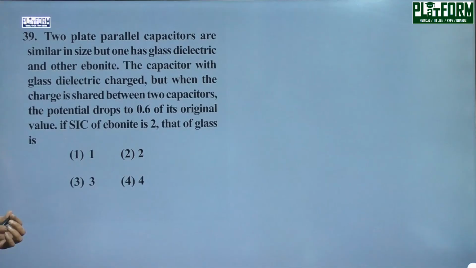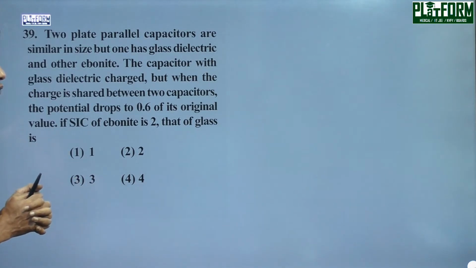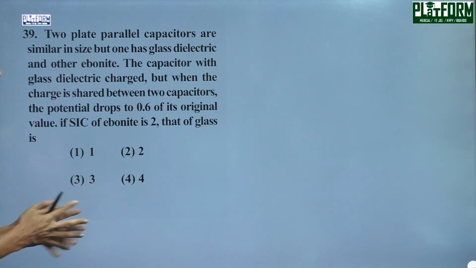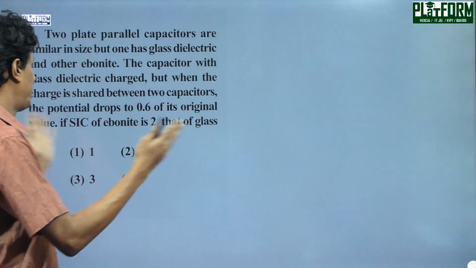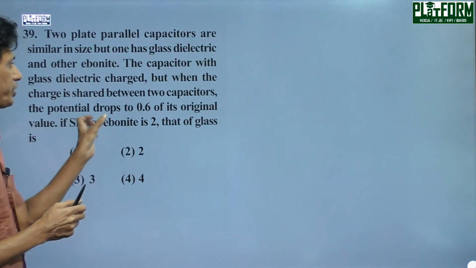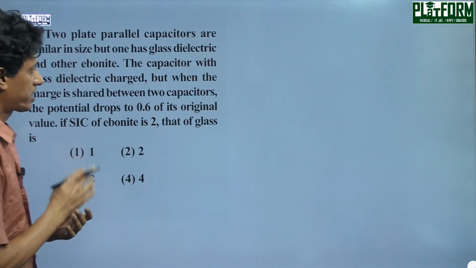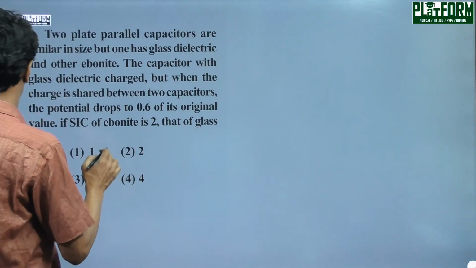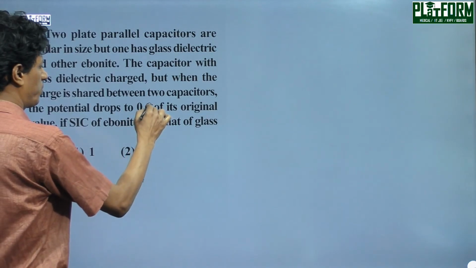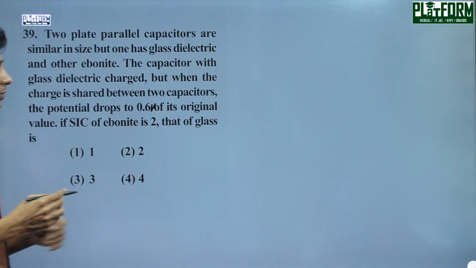Next problem. Question number 39. Two plate parallel capacitors are similar in size, but one has glass dielectric and another ebonite. The capacitor with glass dielectric is charged, but when the charge is shared between the two capacitors, the potential drops to 0.6 of its original value.